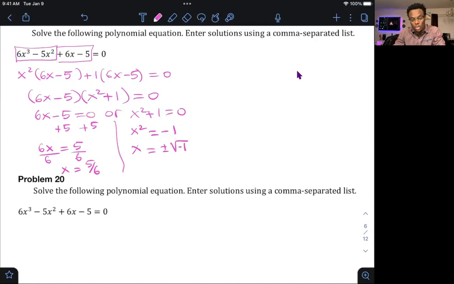And then you all know that square root of -1 equals i, the complex imaginary. So x equals plus or minus i. Your solution set is 5 over 6, -i, and +i.